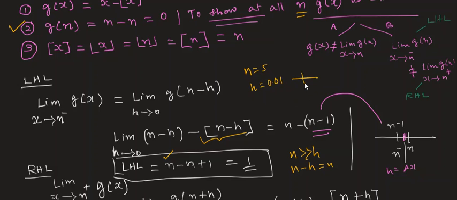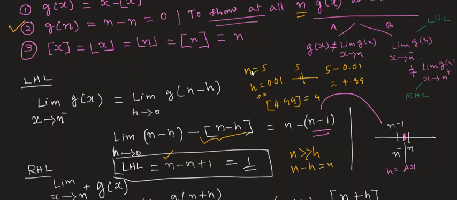So 5 minus 0.01 means 4.99. When I take 4.99, what is the floor function of 4.99? We have to consider 4. So if it is 5, the next lower integer is n minus 1, that is 5 minus 1, 4.